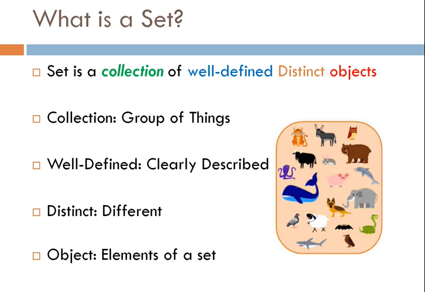If I have a set of alphabets of the word banana, so B, A and N will be written once. No letter will be written repetitively. So then it is called a set. Hope you understand what is set.